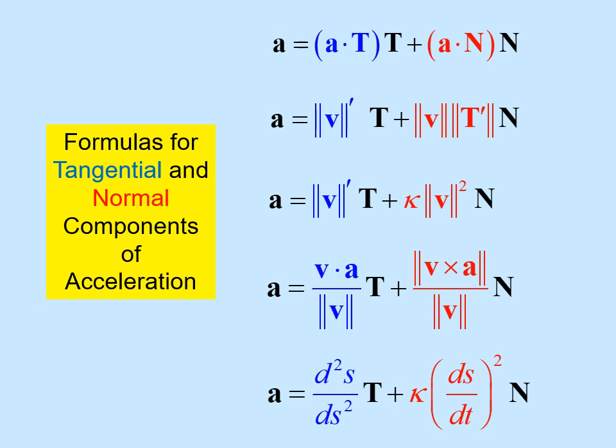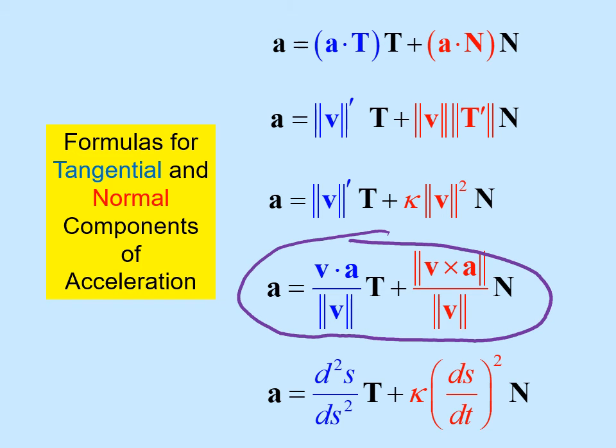So we end up with all of these versions of the tangential and normal components, and those are the ones that I've got in blue and red, the most useful of which is this one. Most of the times in what we'll be doing, we'll be given the r, the position function.